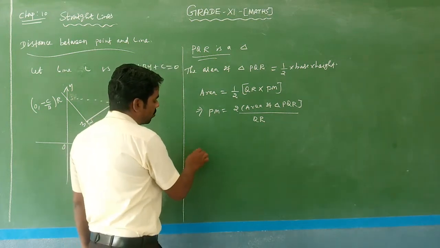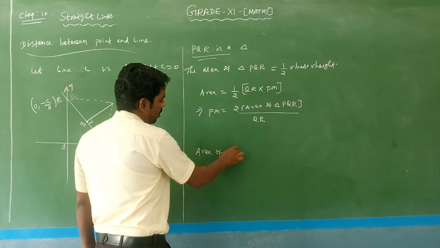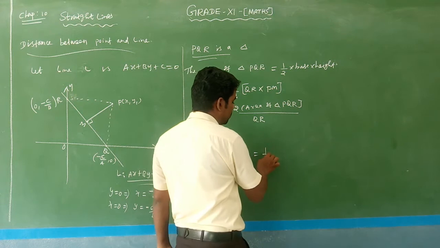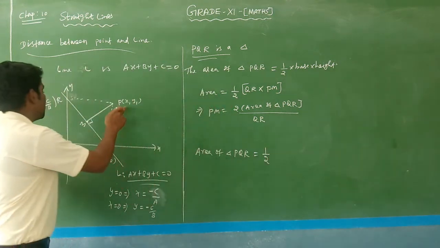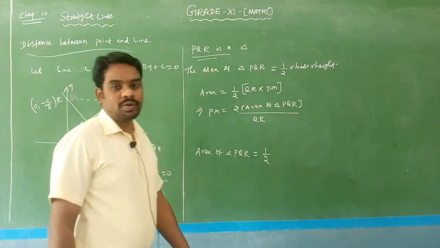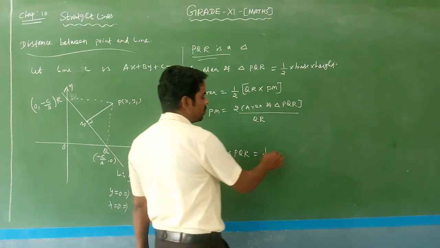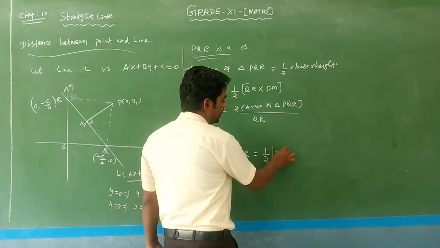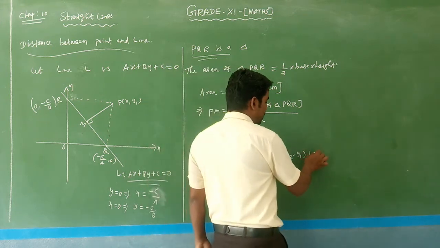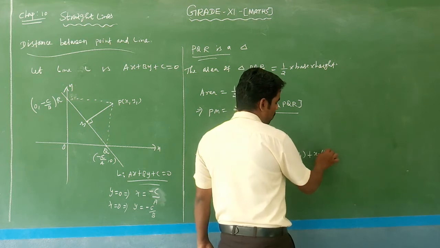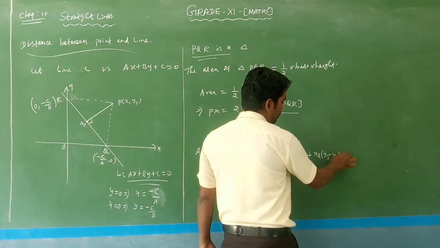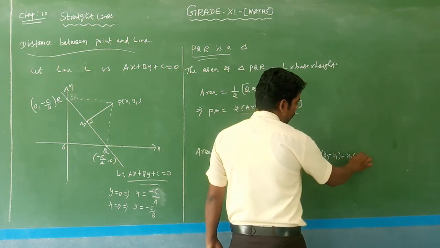The area of triangle PQR: we know the formula for a triangle with 3 vertices. Let us consider P, Q, R as x1 y1, x2 y2 and x3 y3. This formula is 1 by 2 of the modulus of x1 into y2 minus y3, plus x2 into y3 minus y1, plus x3 into y1 minus y2.